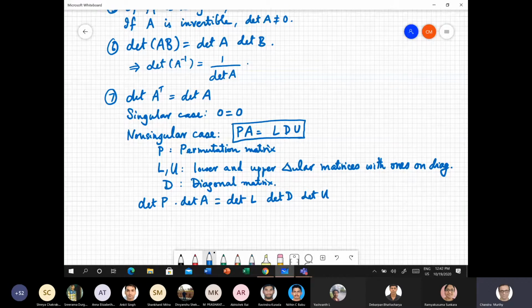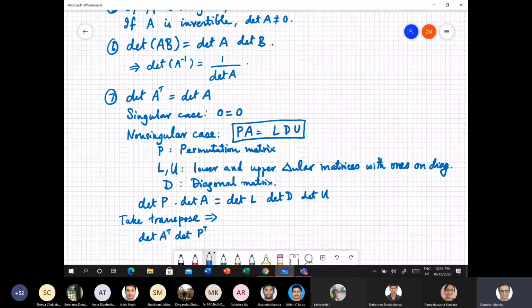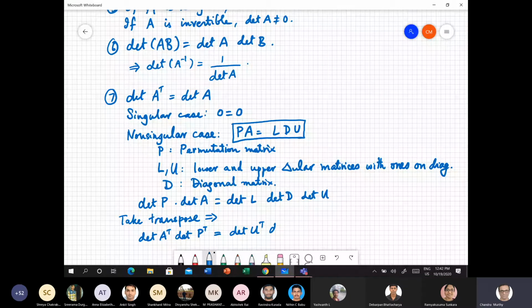And so if I take the transpose and then take the determinant, you get determinant of A transpose, determinant of P transpose is equal to determinant of U transpose, determinant of D transpose, determinant of L transpose.